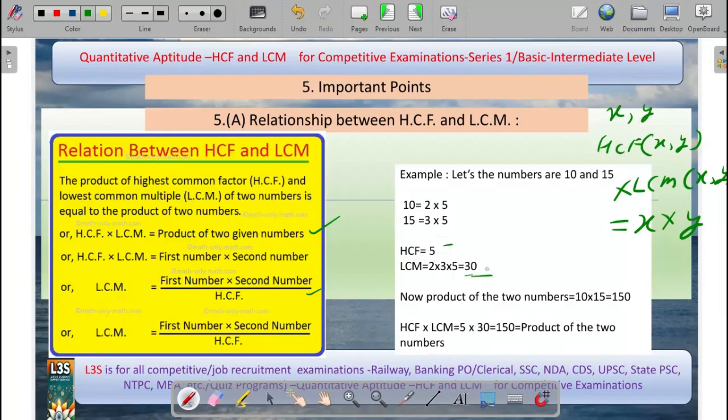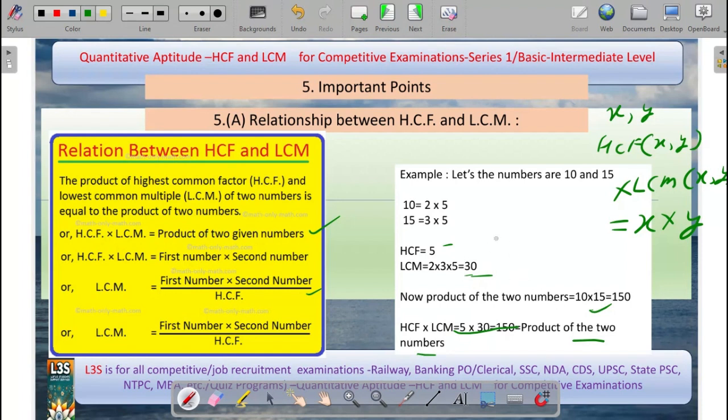So HCF is 5, LCM is 30. Now the product of the two numbers, 10 into 15, is equal to 150. HCF into LCM will be 30 into 5, that is equal to 150, and the product of the two numbers is also 150. So this is the relation.